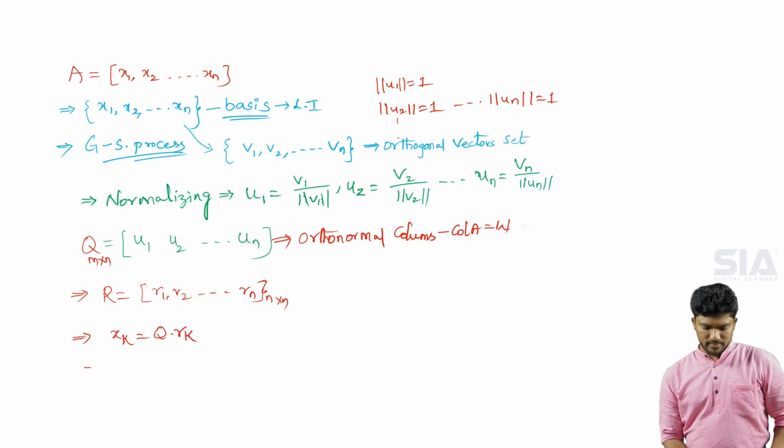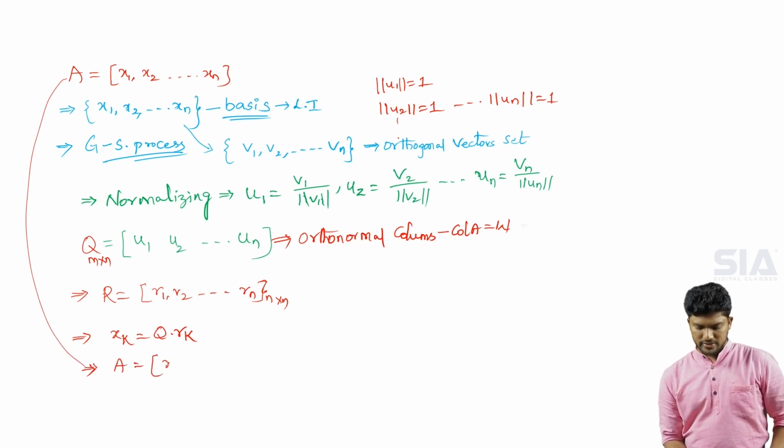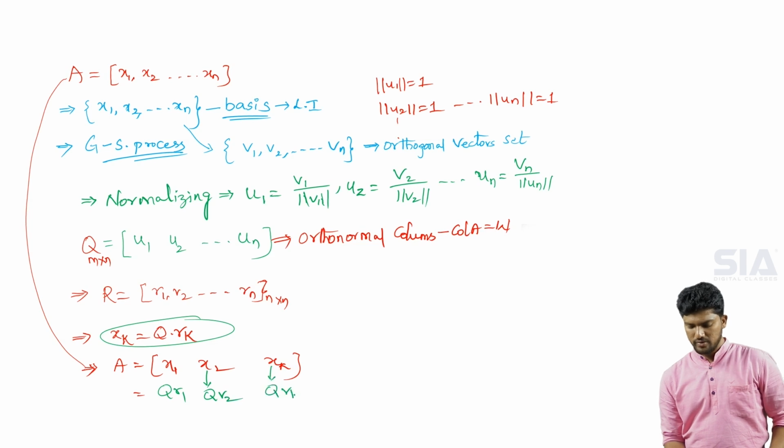From this condition we have A. Now we introduce A here. Therefore A is equal to x1, x2, up to x suffix k. Substituting the values: x suffix 1 is Q into r1, x suffix 2 is Q into r2, x suffix k is Q into rk.